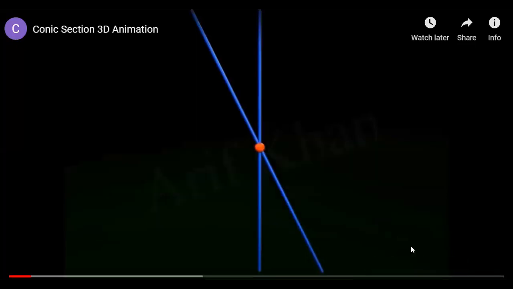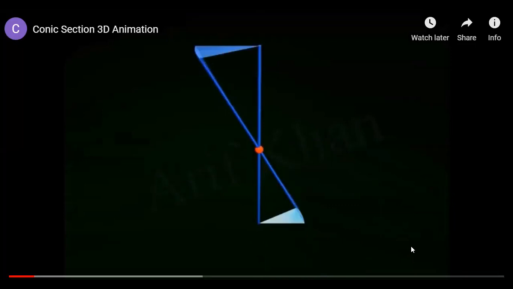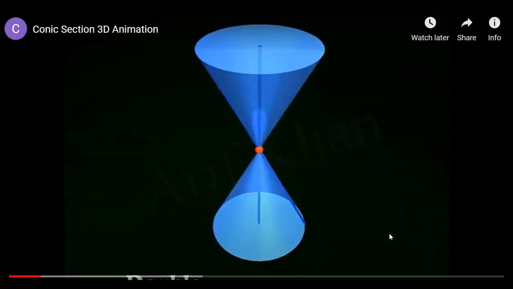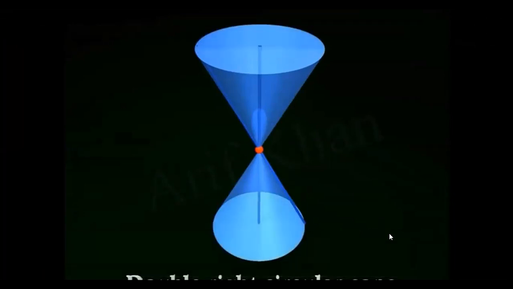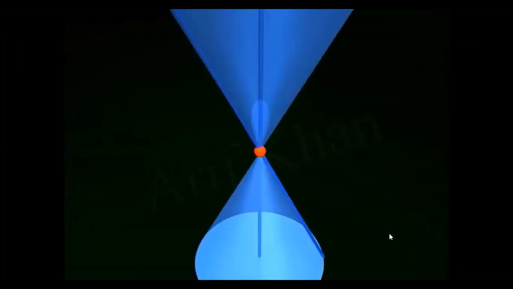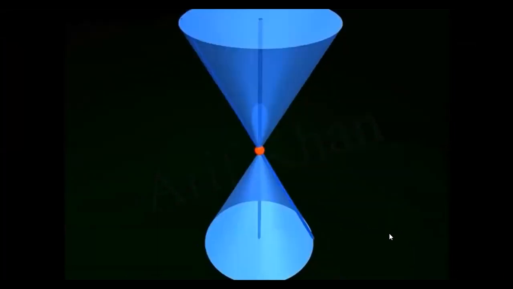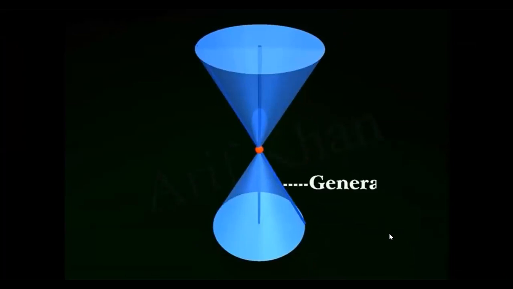When a straight line intersects a vertical line at a fixed point and rotates about that fixed point, the surface obtained is called a double right circular cone. A double right circular cone consists of two cones joined at a fixed point called the vertex. The line that rotates about the vertex is called the generator.